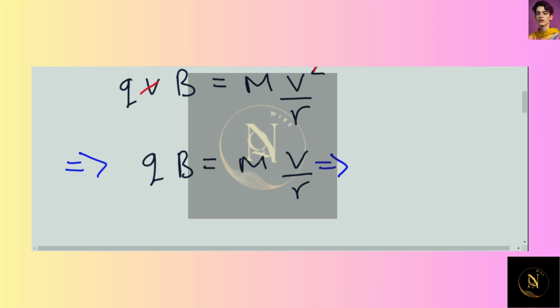Now let's solve for velocity. So multiply r to both sides, divide by m, and we get r times Q times B divided by m.